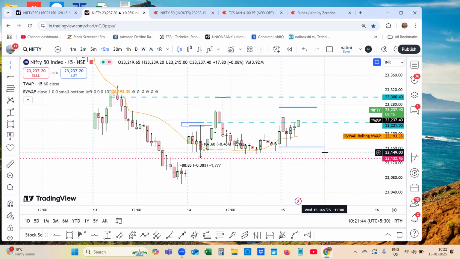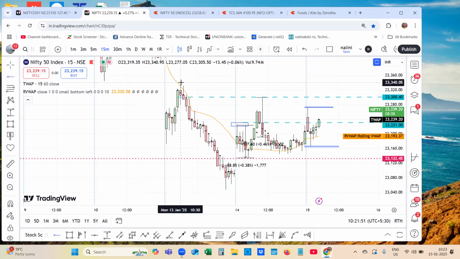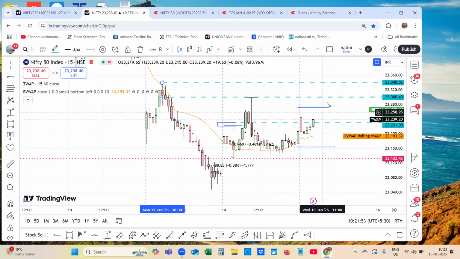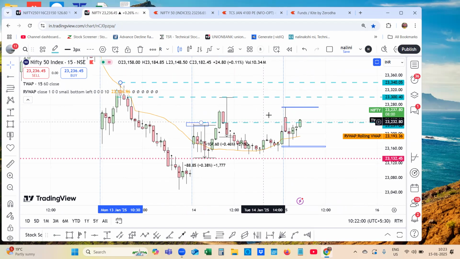Probably the market may trade within this range. And if it expands, it can go up to 23,341.